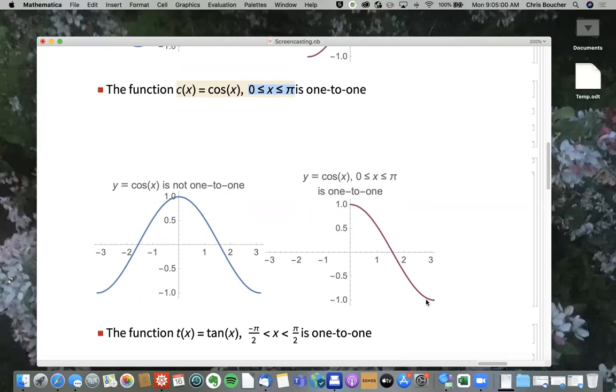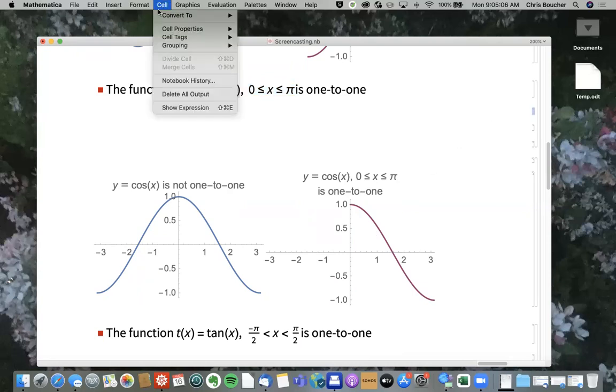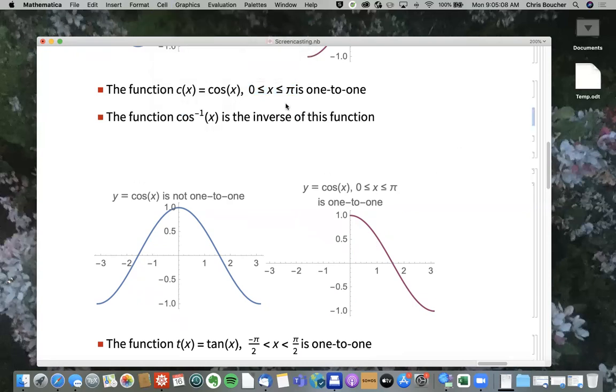And just on this interval, the function is one-to-one. It's this purple curve over here. So the inverse cosine function will be the inverse of this function. And again, sometimes you'll see arc cosine instead of cosine inverse, but generally I'll use the cosine inverse notation, the one on the left.